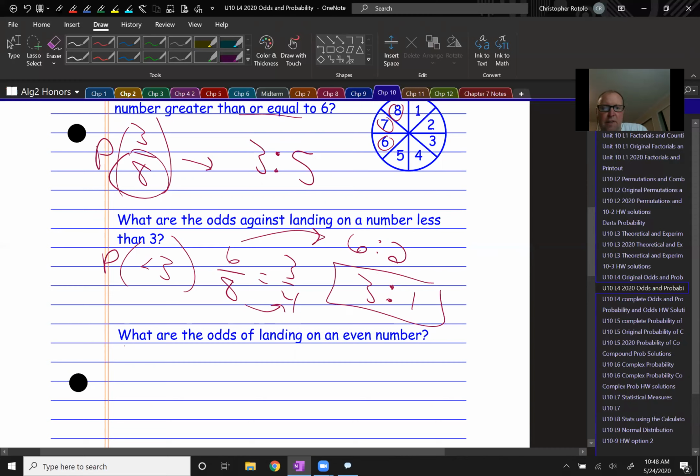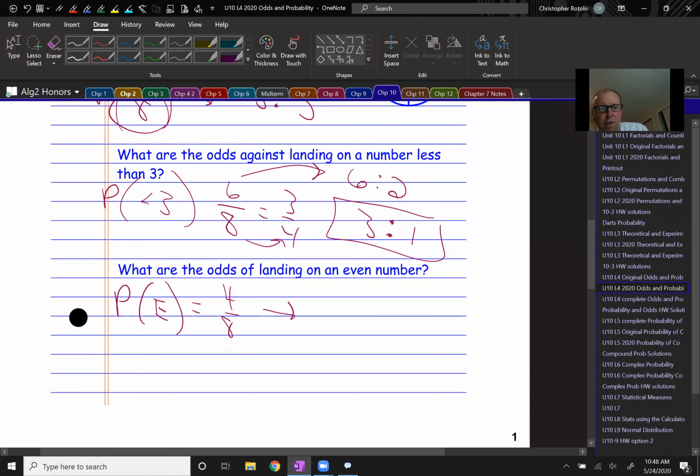Probability of landing on an even. Okay, so probability of even. We know that's going to be half of them. 1, 2, 3, 4, 5, 6, 7, 8. So that's 4 out of 8. Again, I'm always starting in probability world. We know that becomes 1/2. So that means in odds, we would be 4 to 4 or 1 to 1.